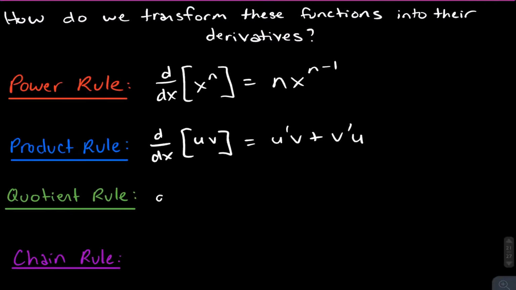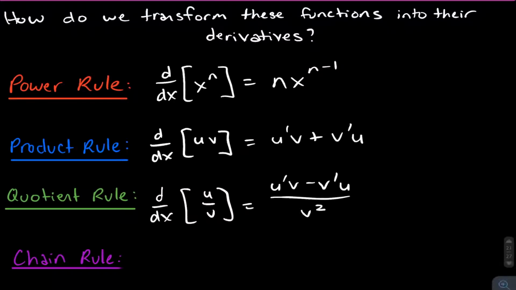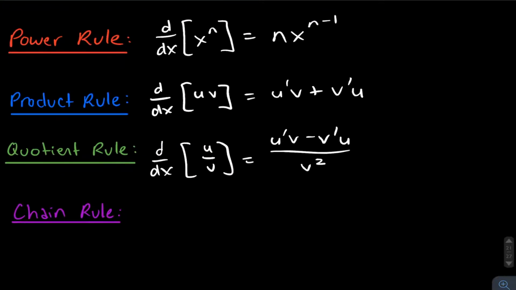If you do the quotient rule, instead you have u divided by v. You have u prime v minus v prime u over v squared. Remember, low d high minus high d low over low squared. Okay, you can remember it like that too.